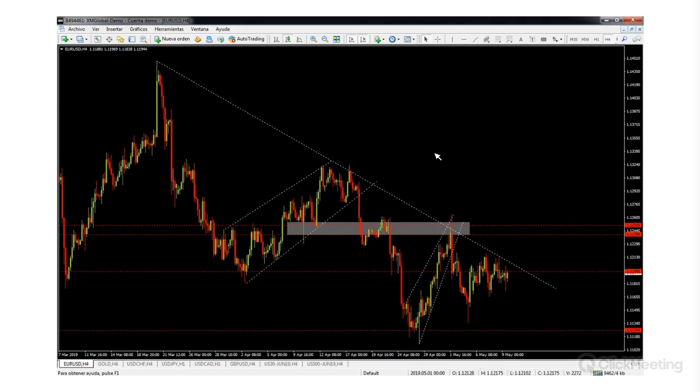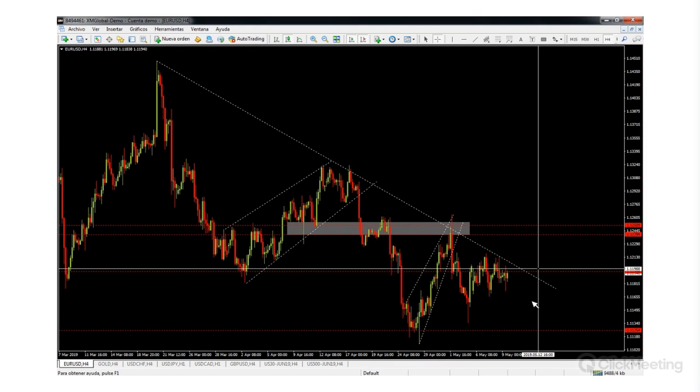The reason we had a short position on the euro US dollar is because we were expecting a break above the 97.70 level on the DXY, which would mean that the US dollar would appreciate. If the US dollar appreciates, of course, the price of the euro versus the US dollar would go down.